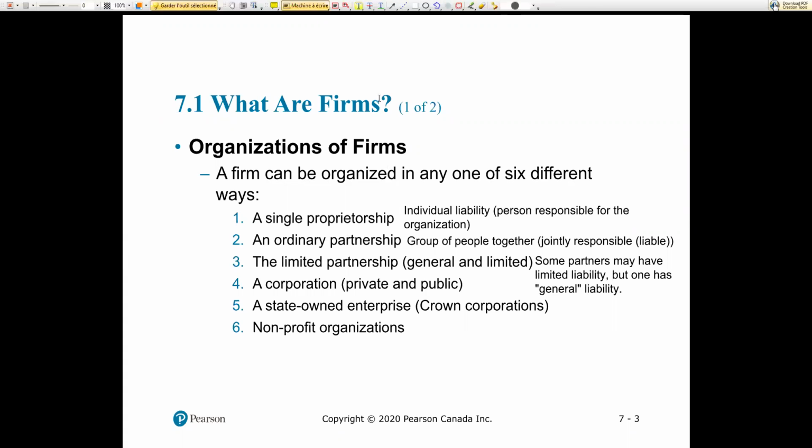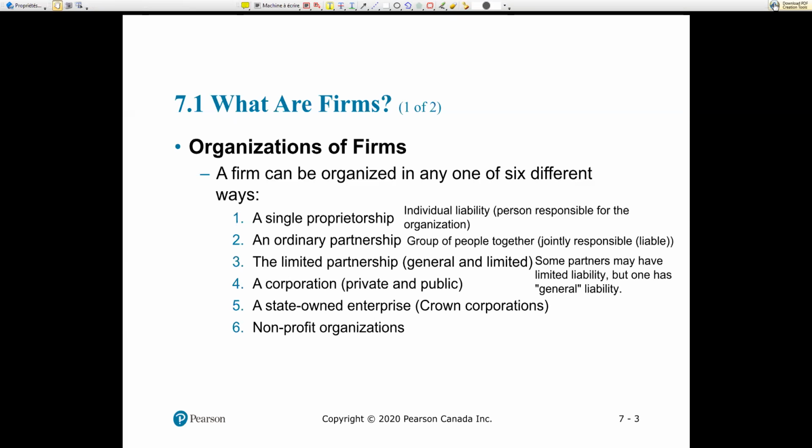Can you repeat what is a limited liability? So my liability in a partnership is limited.